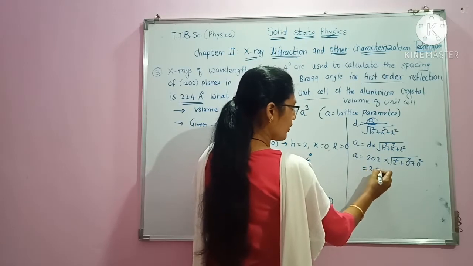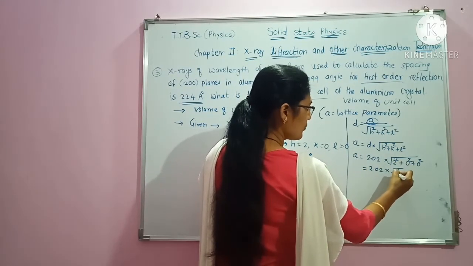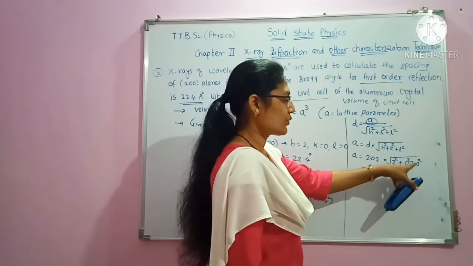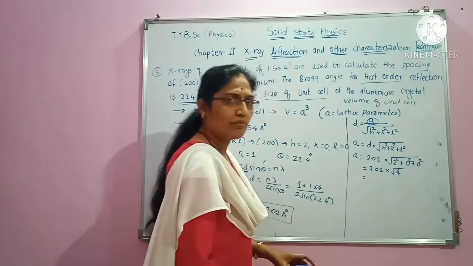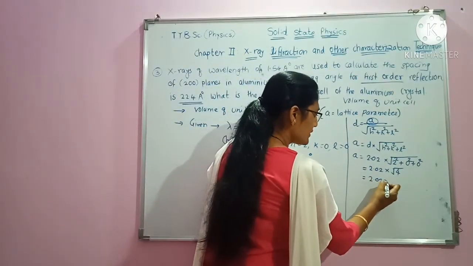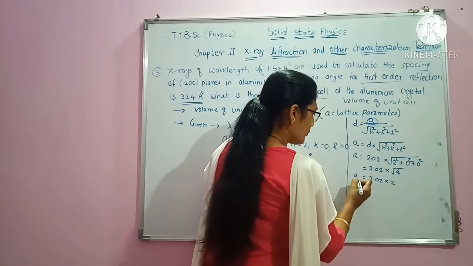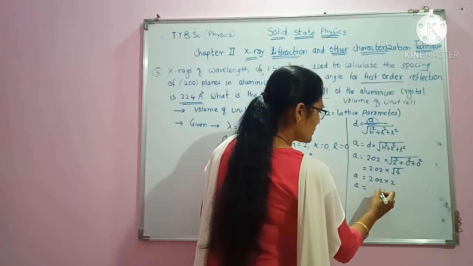Therefore 2.02 into the square root of 2 square, which is 4, and 0 square is 0. Now find the square root of 4. We know that its value is 2, since 2 twos are 4.